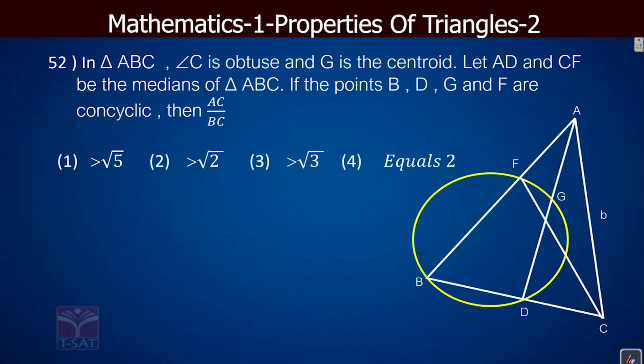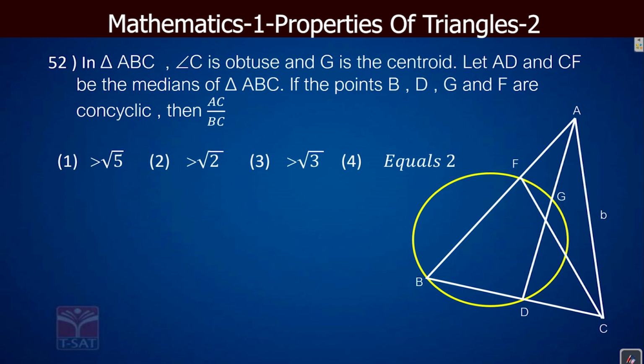If the points B, D, G, F are concyclic, then the ratio AC by BC is greater than: 1) root 5, 2) 2 root 2, 3) root 3, 4) 2.